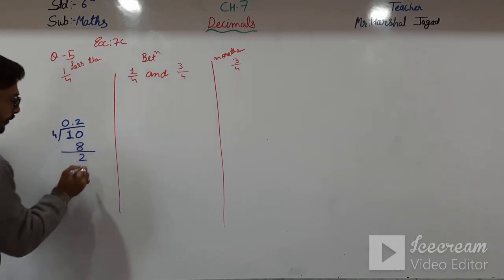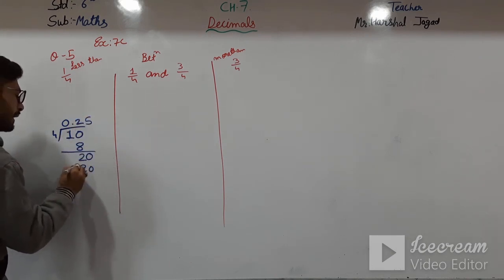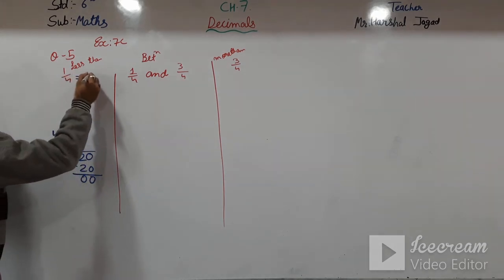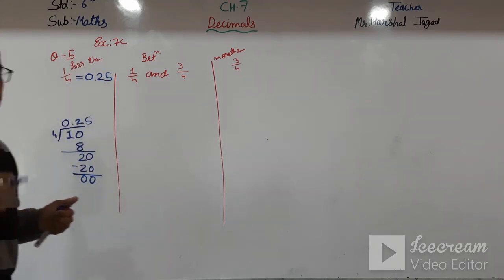Then if I put a 0 over here, 4 5s are 20, so 0. So 1 by 4 means 0.25.